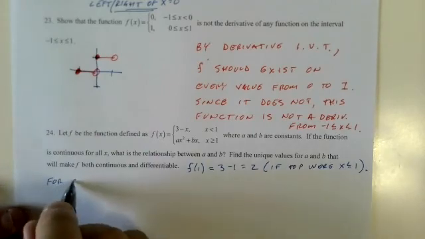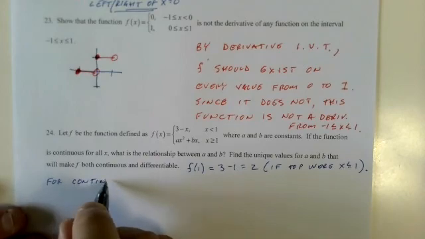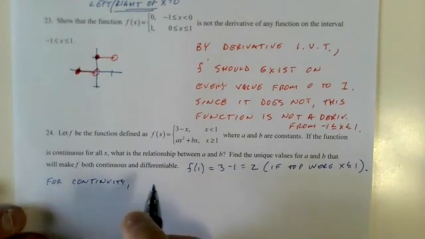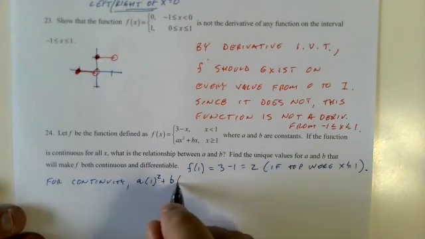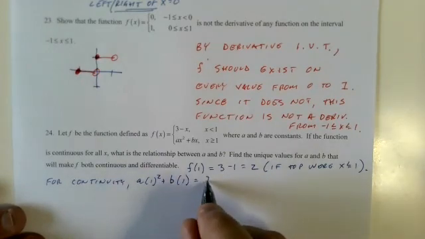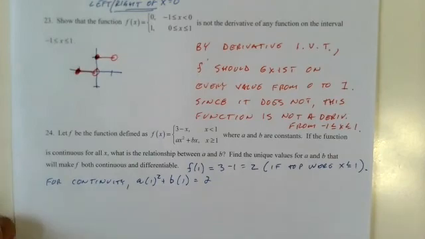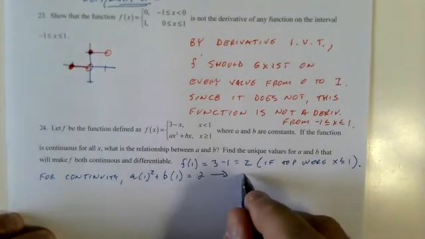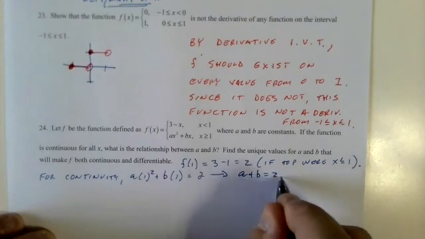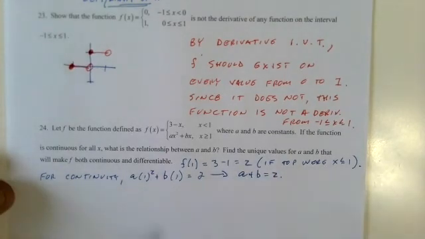For continuity, a times 1 squared plus b times 1 has to equal 2. All right. So therefore, a plus b has to equal 2. Now that's for continuity.